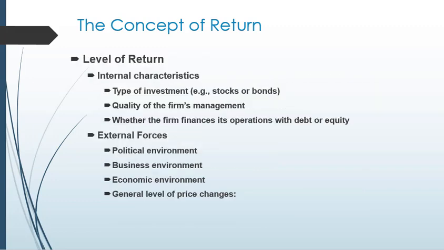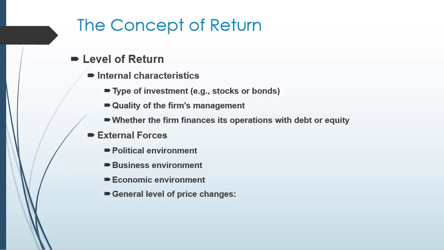With respect to returns, there are lots of elements, if you will, that will affect the returns of the asset. And these factors are really all risk factors, right? There are internal characteristics.